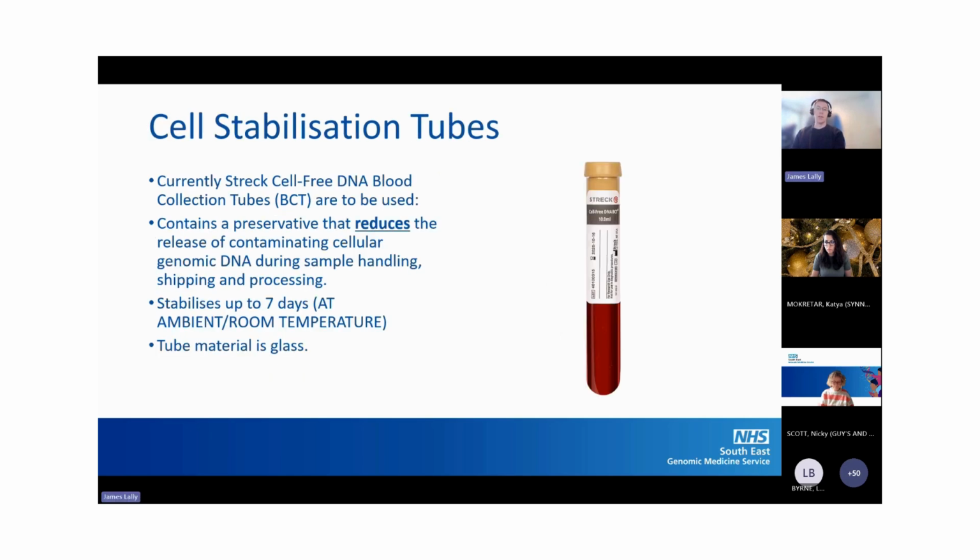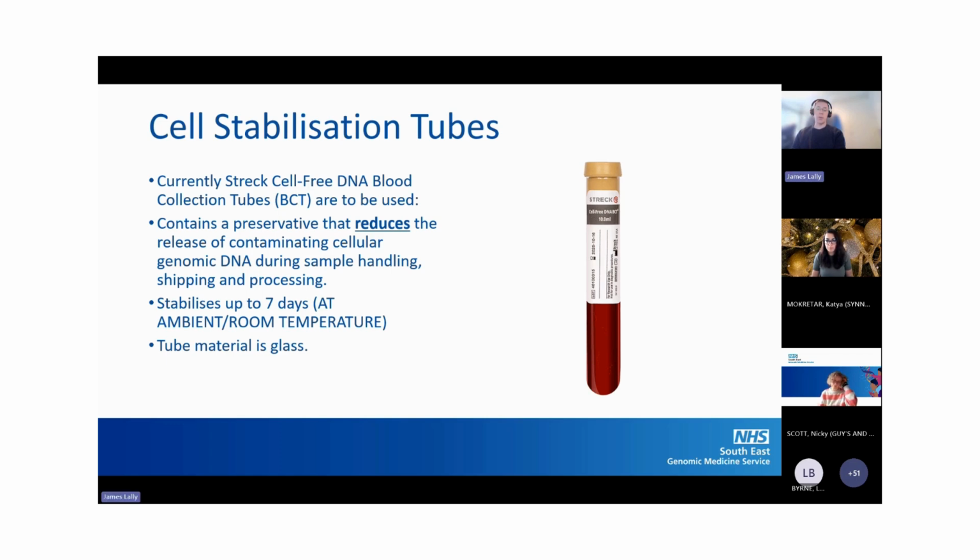For this assay, the types of tubes we can accept are Streck cell-free DNA blood collection tubes. These tubes contain a preservative that reduces, but does not fully eliminate, the release of cellular genomic DNA during sample handling, shipping, and processing. It stabilizes up to 7 days at room temperature, but noting the caveat I've mentioned, sample quality will be reduced during this time the longer samples are left in tubes without processing.